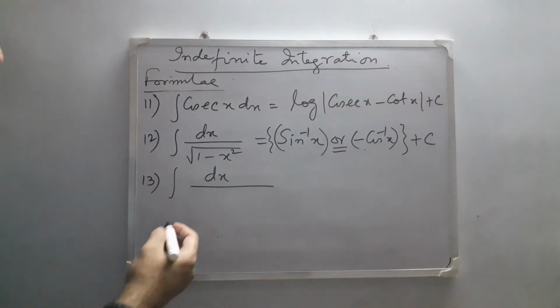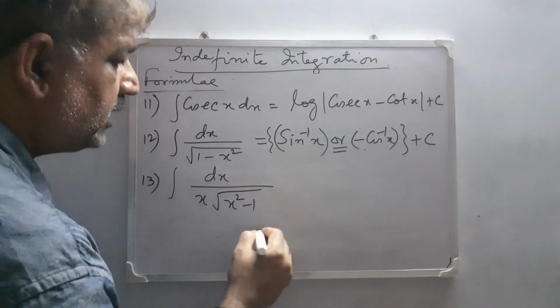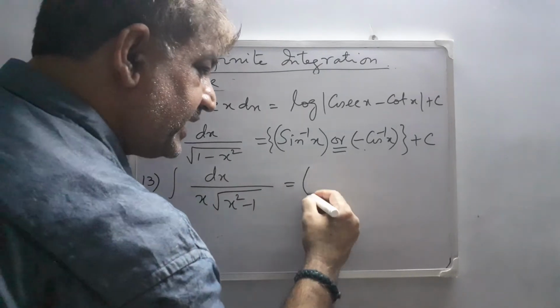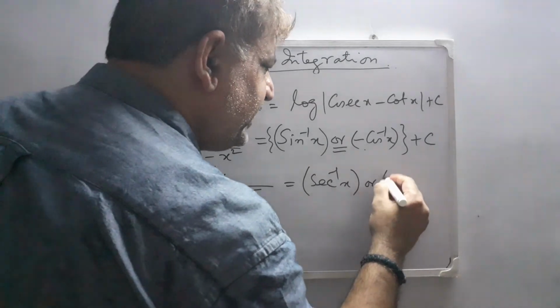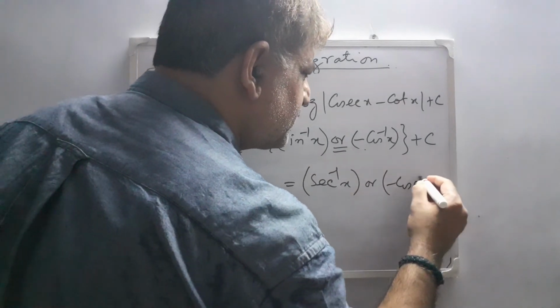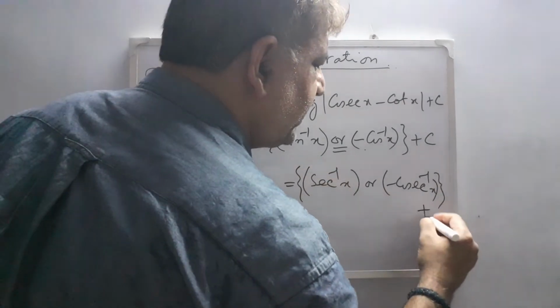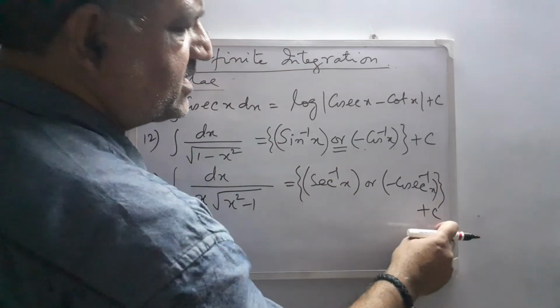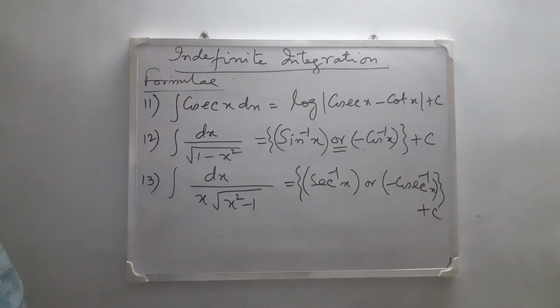This is equal to sec inverse x or minus cosec inverse x plus c. Anyone you can write; this will depend on your problem or the answer given in your book.